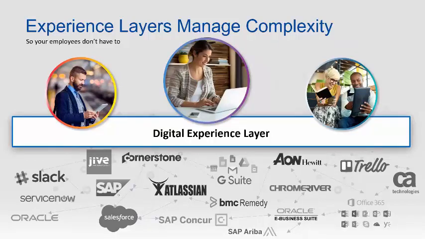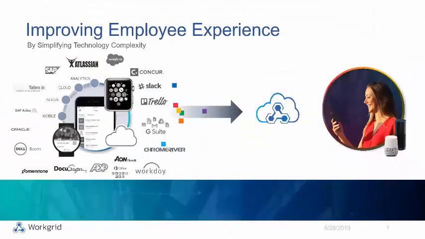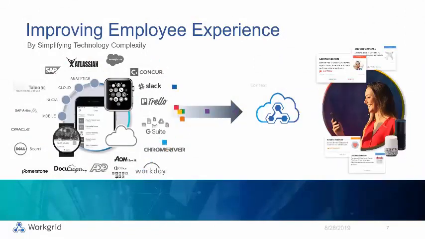So let's talk about a few examples of the Workgrid experience layer, right? So here again, we have all of our source systems. We have this new modern technology, whether it's on our wrist or in our hand or wherever we might be. And the traditional path for all of this is to land in our inbox. What Workgrid does, it allows us to take the data we know about the user, so who they are, where they are, what permissions they have. Are they a manager? Are they not a manager? Are they a frontline employee? Do they have a computer? Do they not have a computer?